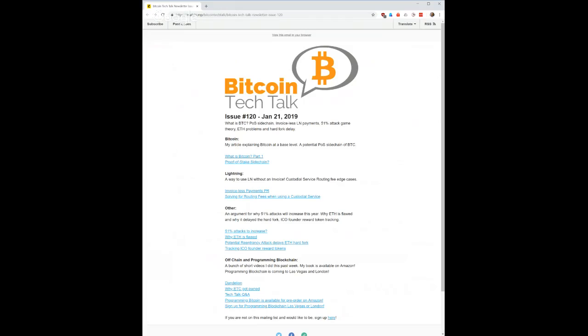What do you think of Luke Dash Jr. saying, "Don't use SegWit"? I think I understand where Luke's coming from because he believes that blocks that are too large make it really hard for full nodes to verify, especially on lower grade hardware. And his argument has always been, SegWit is a block size increase, and therefore it causes a larger block size.